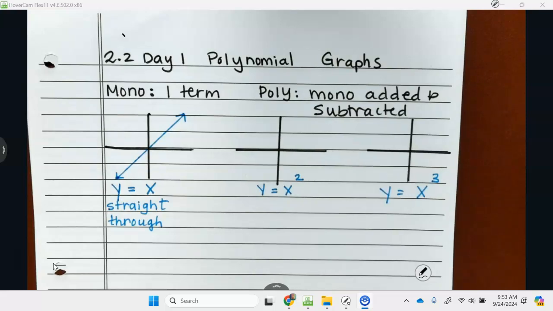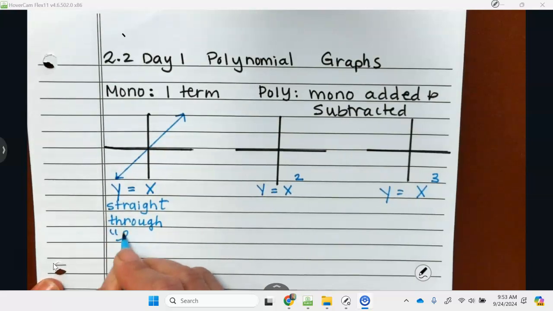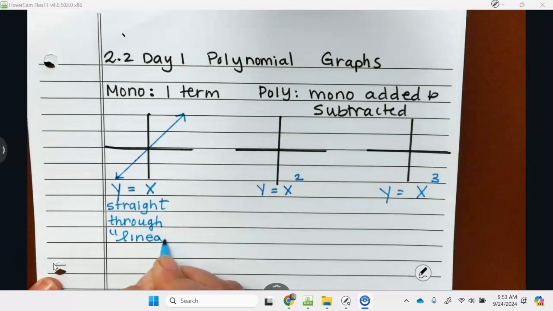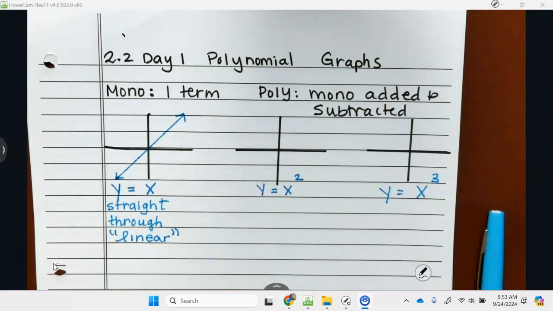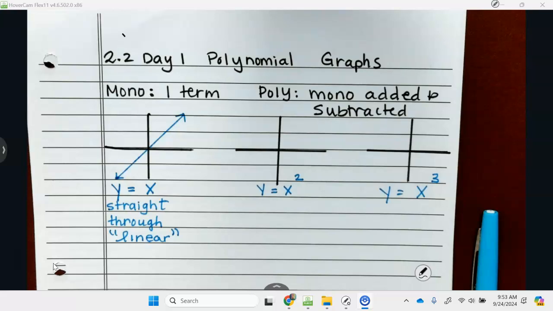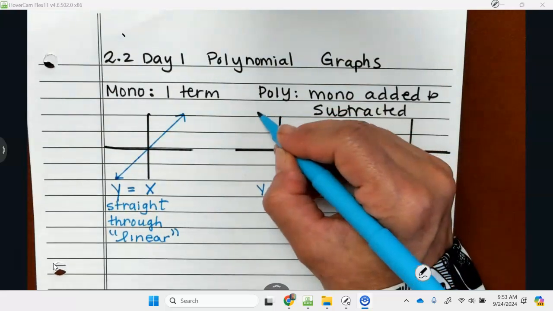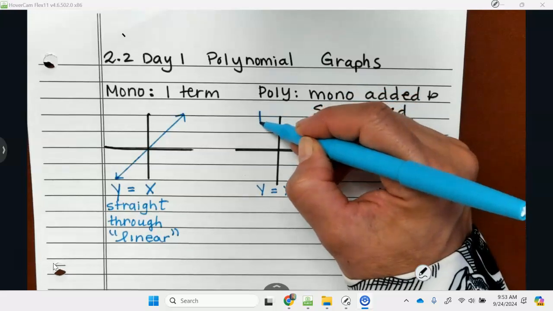The only graphs that you graph that are straight are lines. So this is called linear behavior. It passes straight through, no craziness. There's a little bit of craziness here because y'all know what parabolas do.